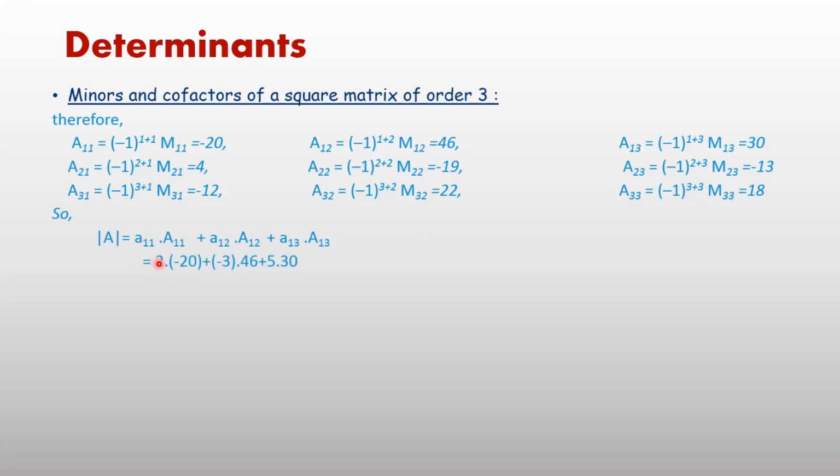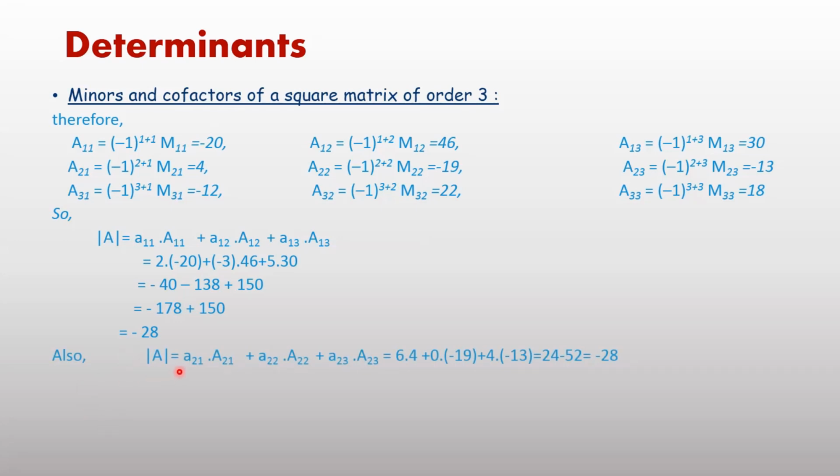First element is 2 into its cofactor minus 20, plus second element minus 3 into cofactor 46, plus third element 5 into cofactor 30. Minus 40 minus 138 plus 150 equal to minus 178 plus 150 equal to minus 28.